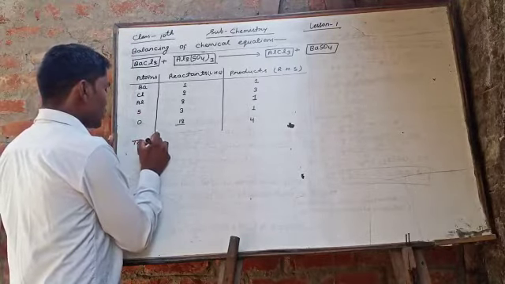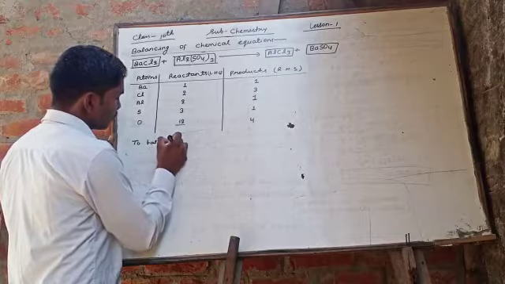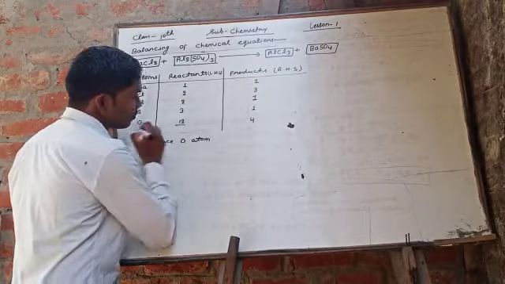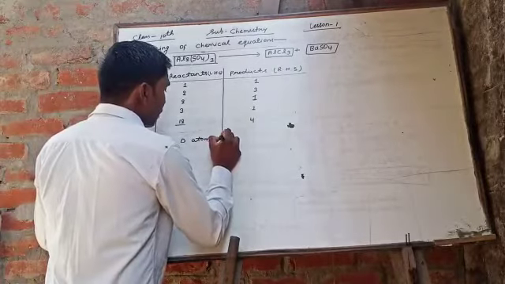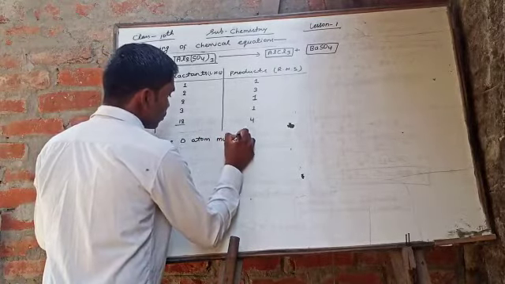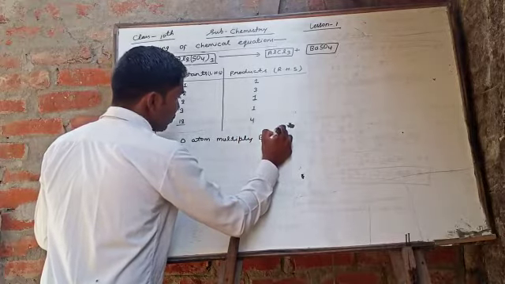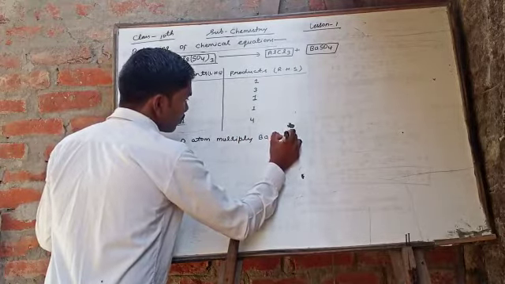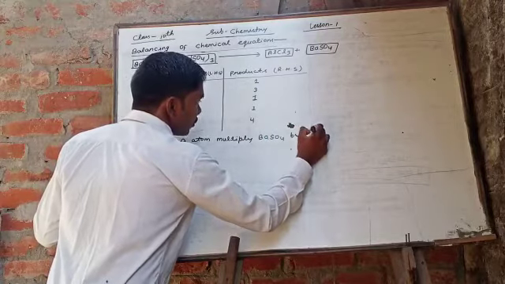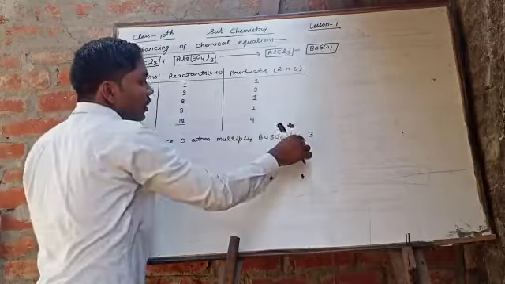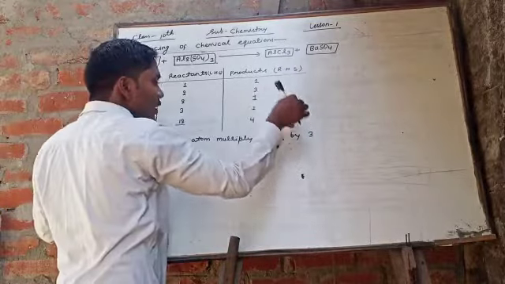To balance the oxygen atom, multiply BaSO4 by 3. When we multiply BaSO4 by 3, 4 3s are 12.